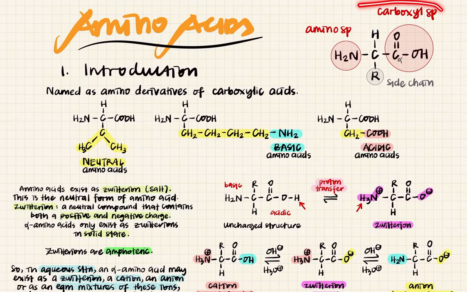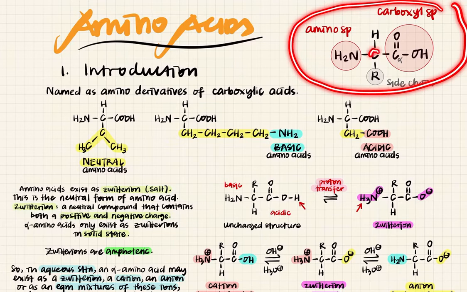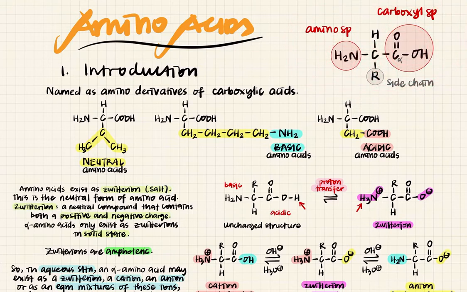So in your amino acid here, this carbon must have an amino group, must have a carboxyl group, and must have an R side chain. Different amino acids, and we have a lot of amino acids, will have different R side chains, different R groups.